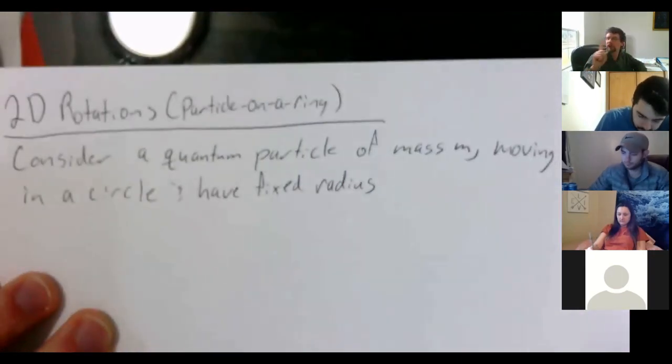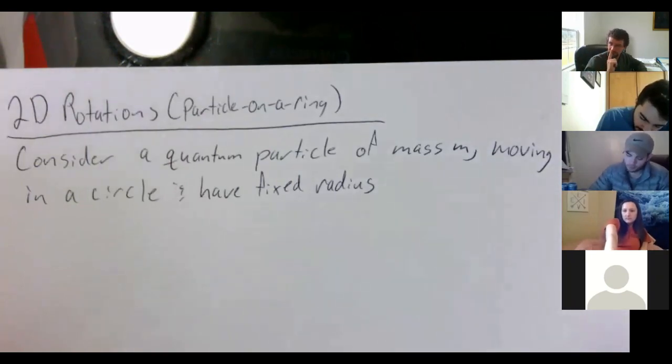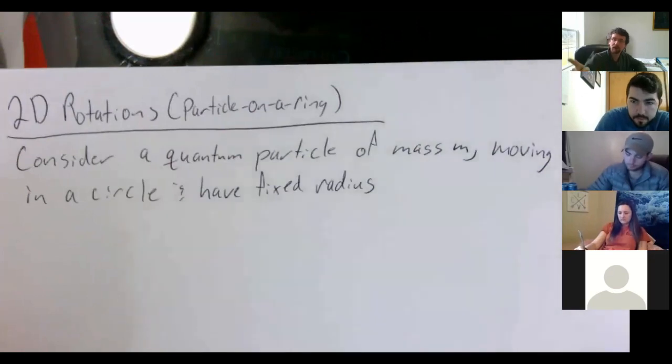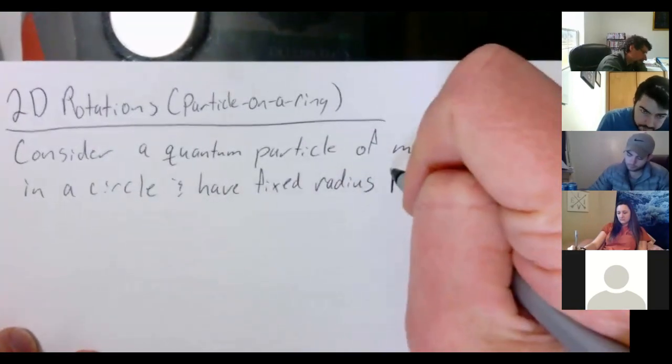So the particle is going to travel around in a circle and it's going to stay within that circular pattern. It's not going to move in and out, close to the origin and further away from the origin. It's going to have to stay on that line. Okay, and a fixed radius r.